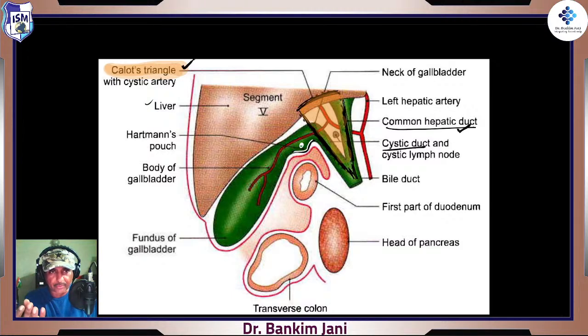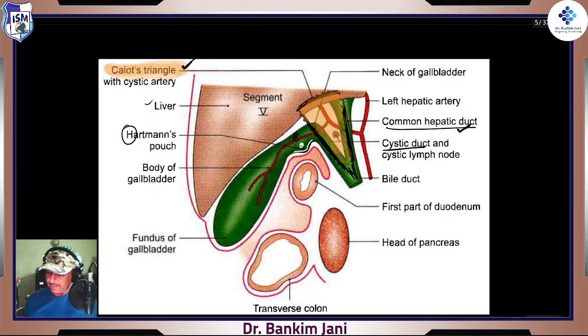That's why it is called the Hartmann's pouch. As such, it is a slightly expanded area, but that is where the stone can be lodged. Once the stone is lodged, it will keep on increasing and gradually obliterate the entire neck. And that's where the obstruction starts.